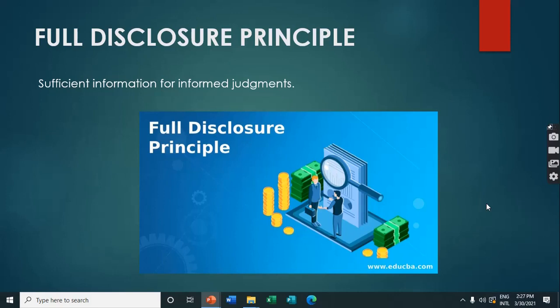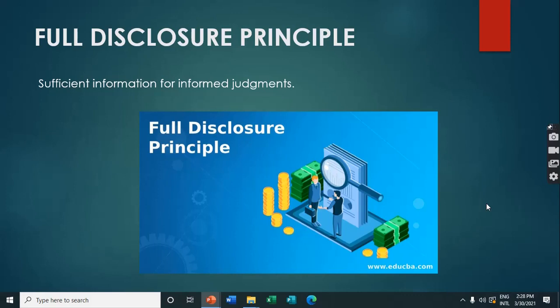So, meaning, the accountant should include all the information needed so that the readers of the FS or the financial statement will have informed judgment. So, kailangan sundin kung ano yung sa accounting standards natin.